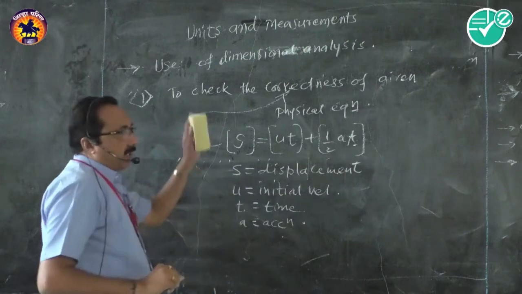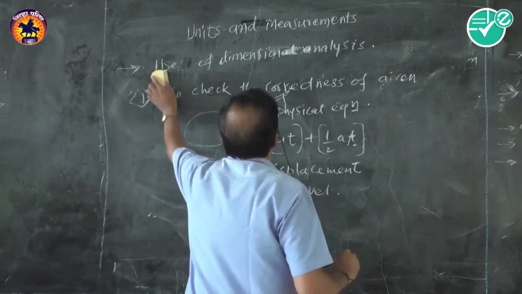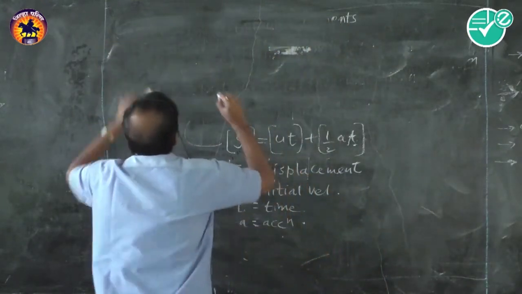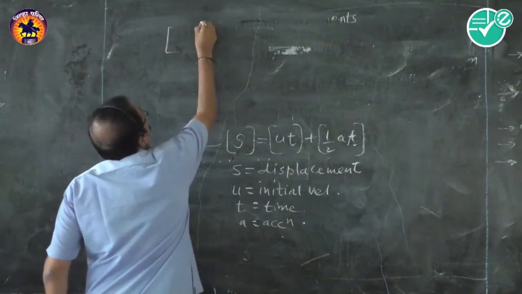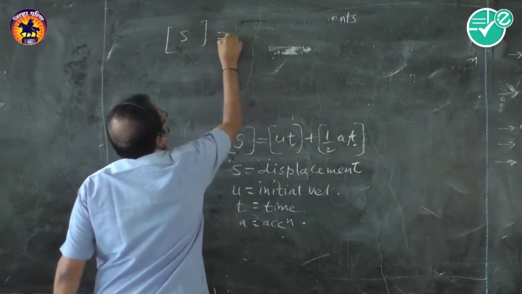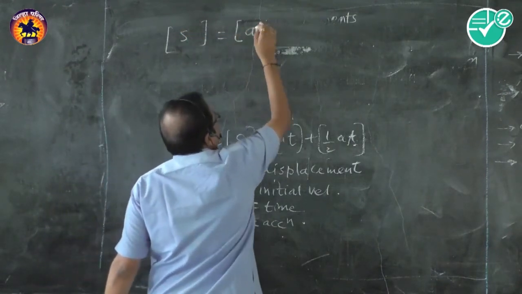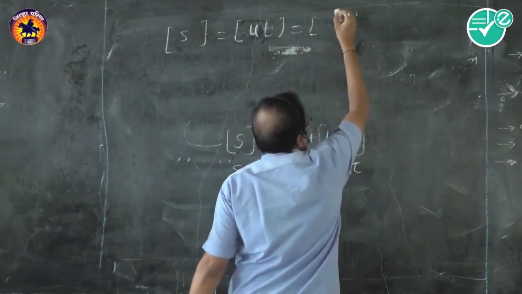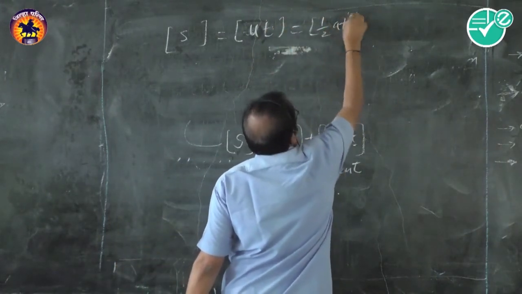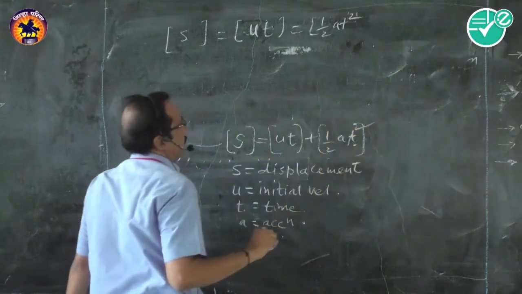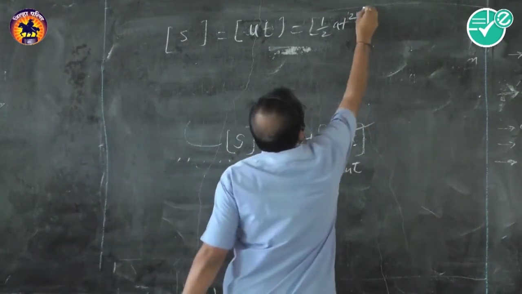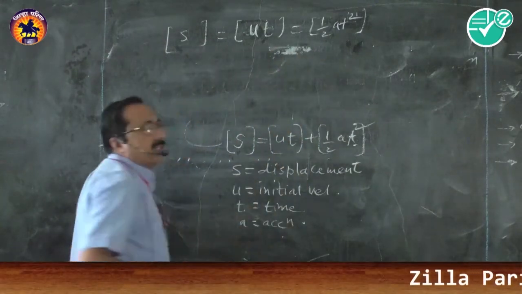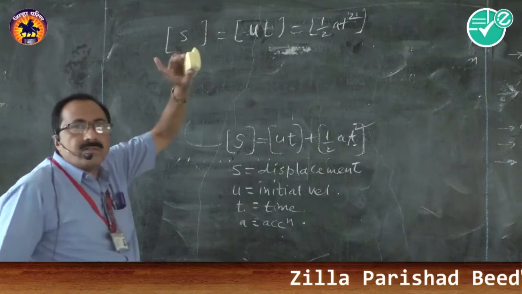Let us find the dimensions of each term: dimensions of S is equal to dimensions of ut is equal to dimensions of half at square. If this is verified, then the equation is dimensionally correct.